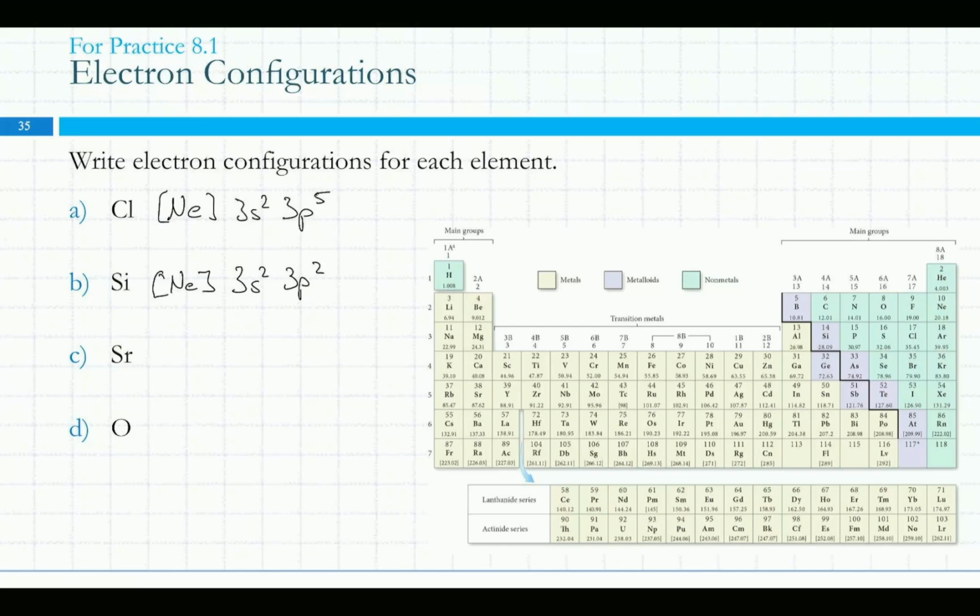Strontium would be krypton, and then 5s2. Oxygen would be, it's almost not worth doing, but helium, 2s2, 2p4.